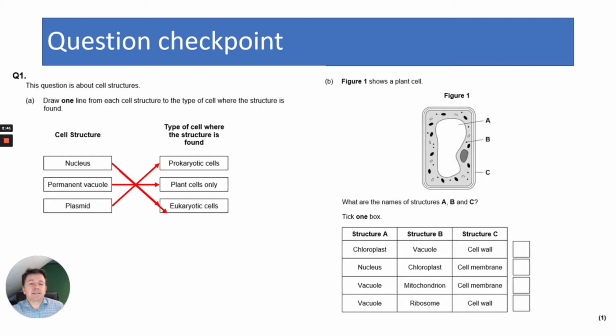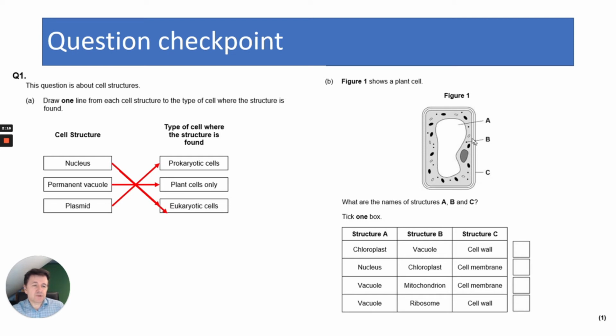And then the second one shows a plant cell, and it says what are the names of structures A, B and C. Now this type of question is a bit confusing because you've got to get all three structures correct to get the answer. You'll notice there's a tick box on the right hand side, so you need to put a tick in one of these boxes.